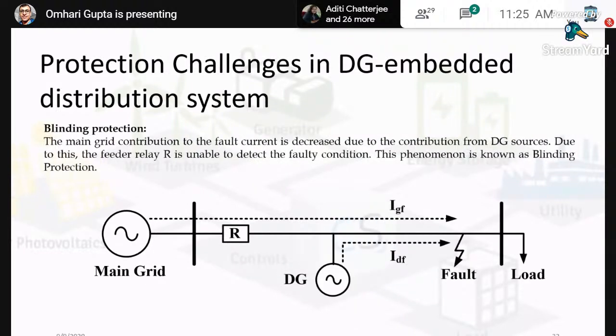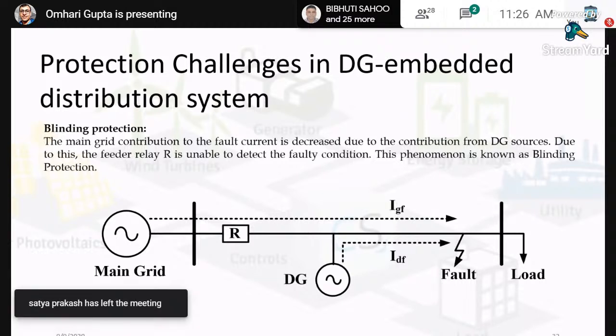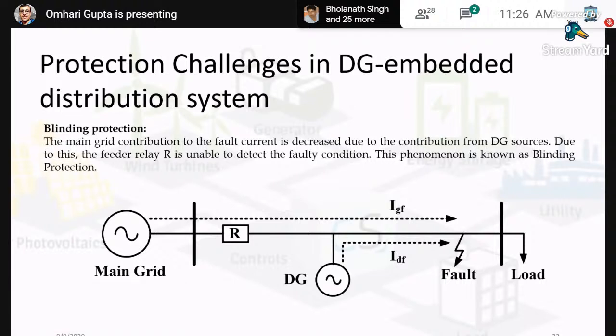Then blinding of protection, that is another thing. The main grid contribution to the fault current is decreased due to the contribution from the DG source. As you can see, if you do not have this DG connected, this IGF will be just because of the grid, with some finite magnitude, right?